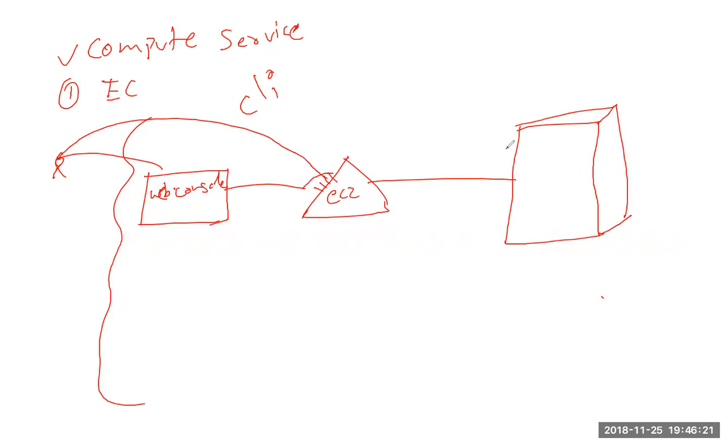So the end result of this EC2 service is a virtual machine. We can call it an instance, or an EC2 instance. So I will create a virtual machine with the help of a service called EC2.